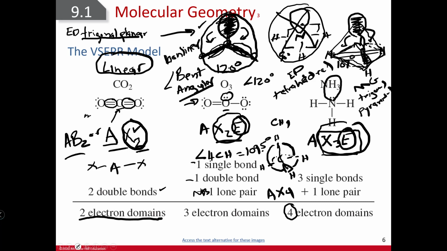You've just seen valence shell electron pair repulsion theory in a nutshell. It's all right here. We do Lewis structure. We evaluate the Lewis structure. A stands for the central atom, and X or B stands for the bonding groups coming off the central atom. I'm going to use X's. And then if there's a lone pair coming off the central atom, you use the symbol E. That's the lone pair.